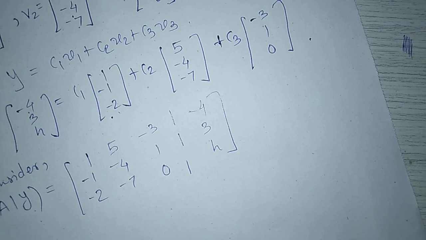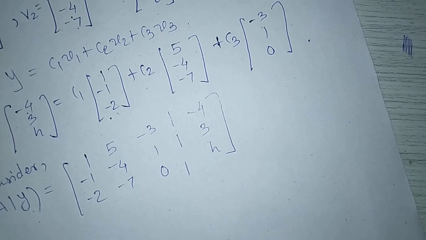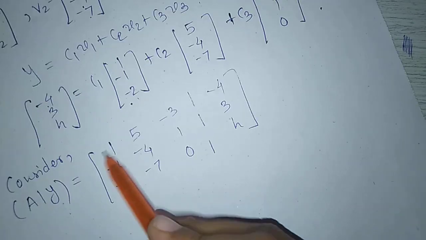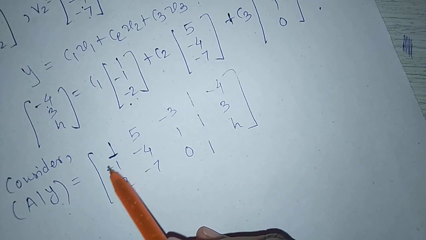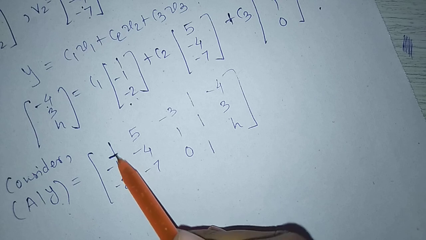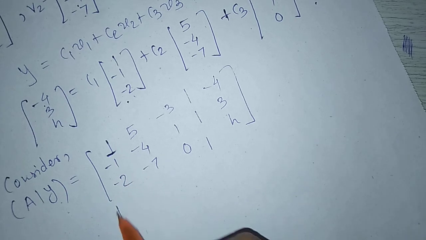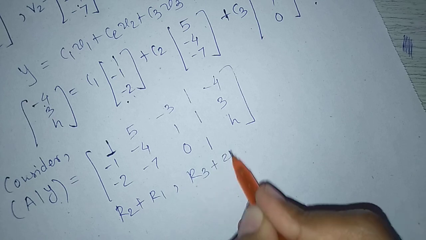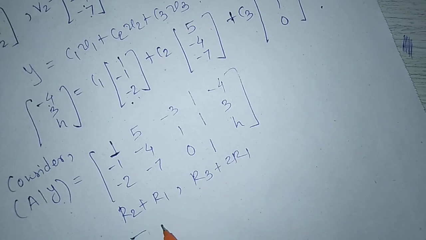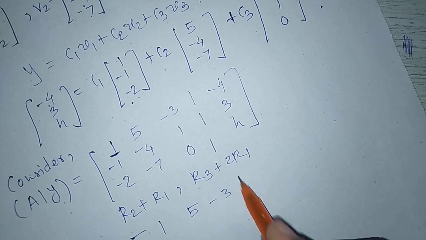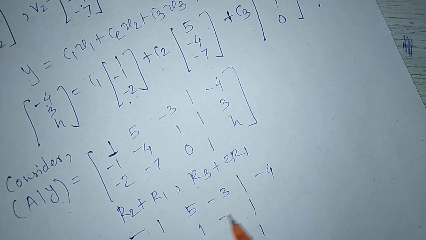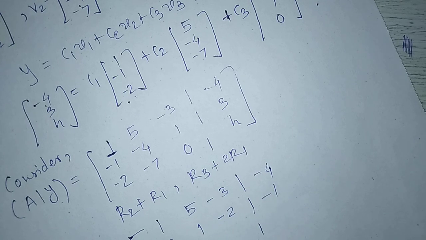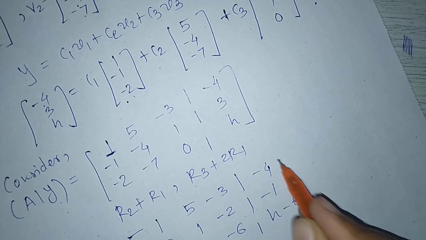Now apply row operations. The first pivot element is 1. To make the elements below the pivot 0, apply R2 plus R1 and R3 plus 2R1. We get the first row as it is, the second row becomes 0, 1, minus 2, minus 1, and the third row is 0, 3, minus 6, H minus 8.